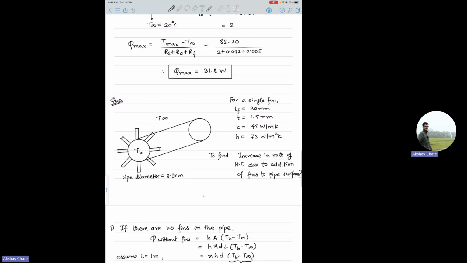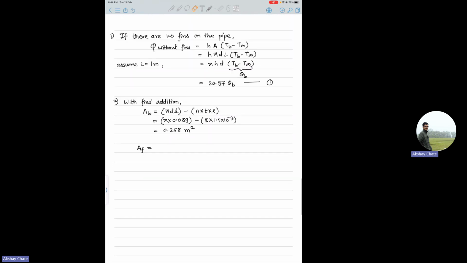So that will be number of fins into, what should be, 1 second. See, here we can do it in simple fashion only. We need not do all these things. 1 second.